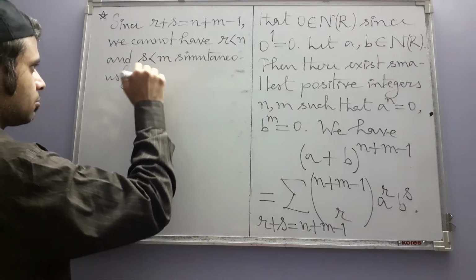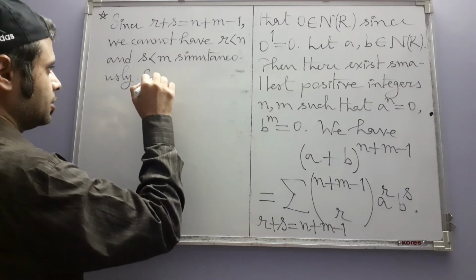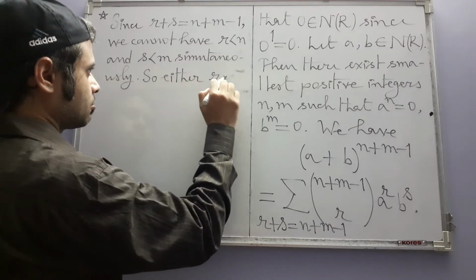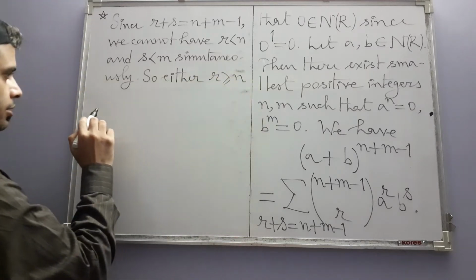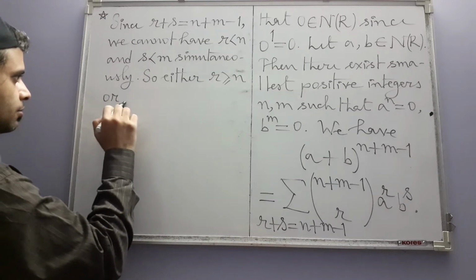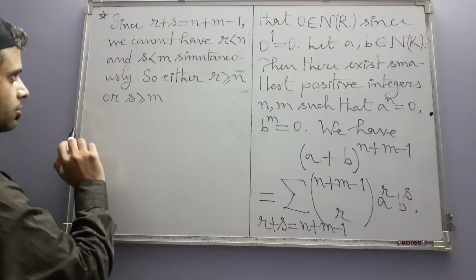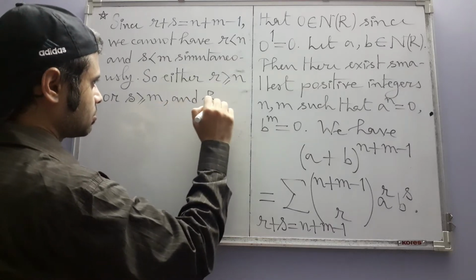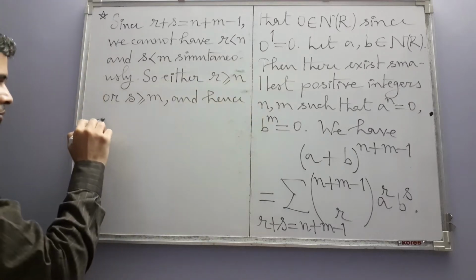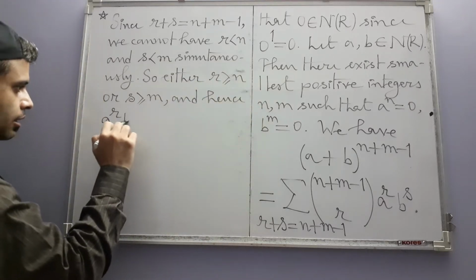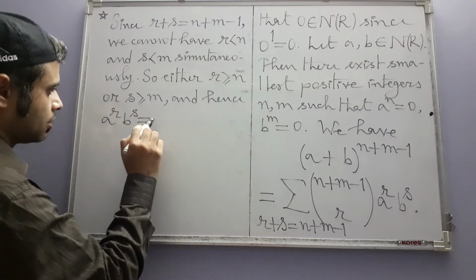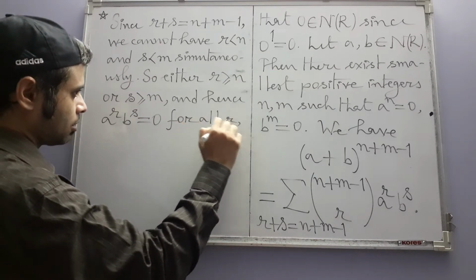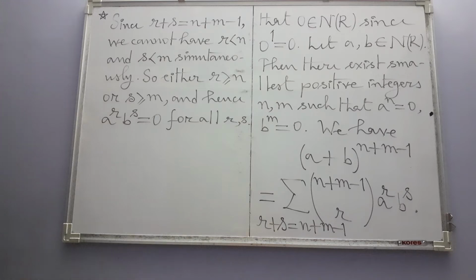So writing the same thing, r is greater than or equal to n or s is greater than or equal to m or both, of course, and hence a to the power r times b to the power s is equal to 0 for all r and s satisfying these conditions.